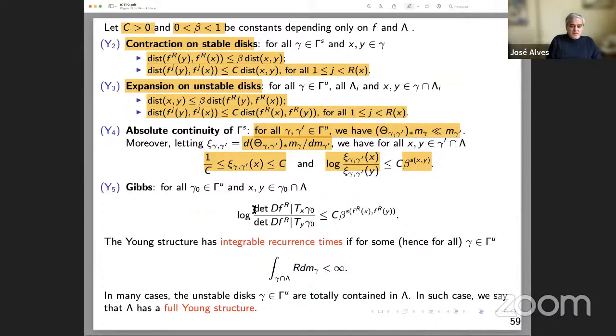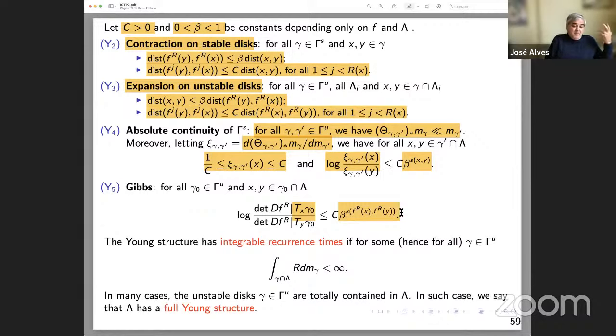And Tx here is the tangent space at that unstable disk. Comparing the logarithm of the Jacobian at two points, we have this property. So again, it's a kind of Hölder condition type, okay? This is the regularity we need for the Jacobian of the return map.